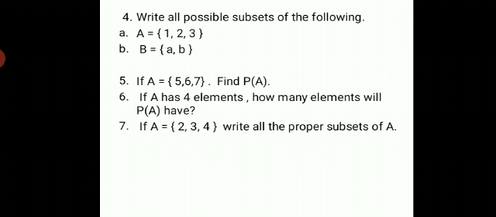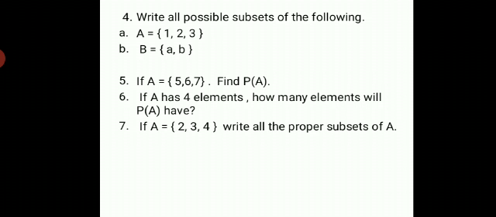Last one, if A is given with the elements 2, 3, 4, write all the proper subsets of A. For the proper subsets of A here, exclude {2, 3, 4}; you have to include all the numbers. That is the definition of proper subset.